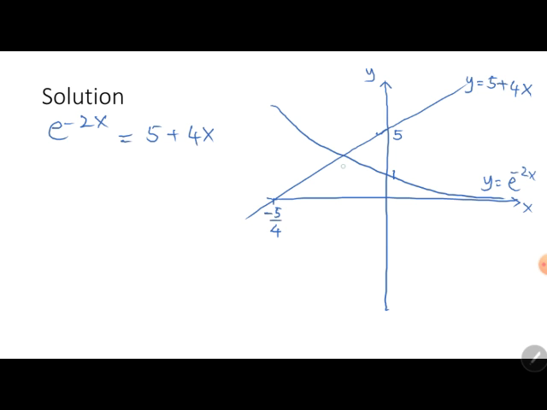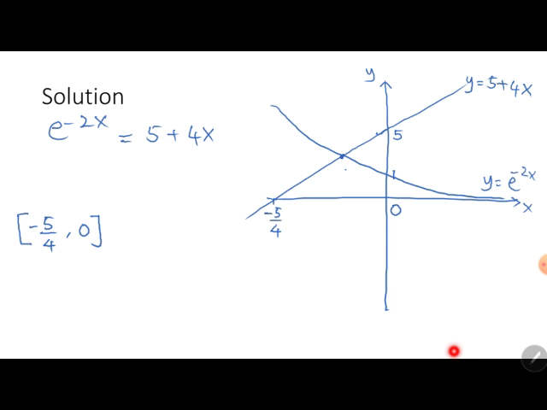That there is one root here, and the location of the root is between negative 5 over 4 and 0. So we have shown graphically that there is only one root, and the root lies between negative 5 over 4 and 0.